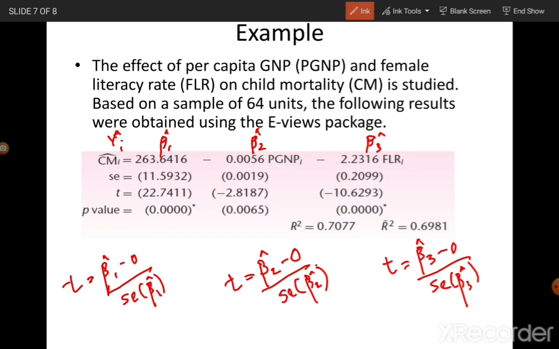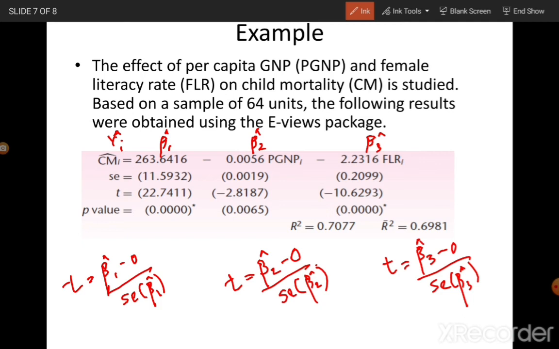Similarly, if you look at the p-value of beta 2 hat, it is 0.0065. Given that alpha level of significance is say 5%, that means 0.05, and the p-value quoted for beta 2 hat is lesser than 0.05.